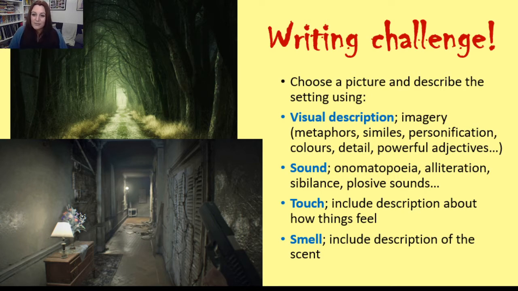Students often forget to write about colours, and you don't just have to write green. You can choose much more detailed colours like emerald or forest green. Detail's really important. So imagine you're zooming in on something small and describing its movements, and then you can zoom out and give us the whole setting.